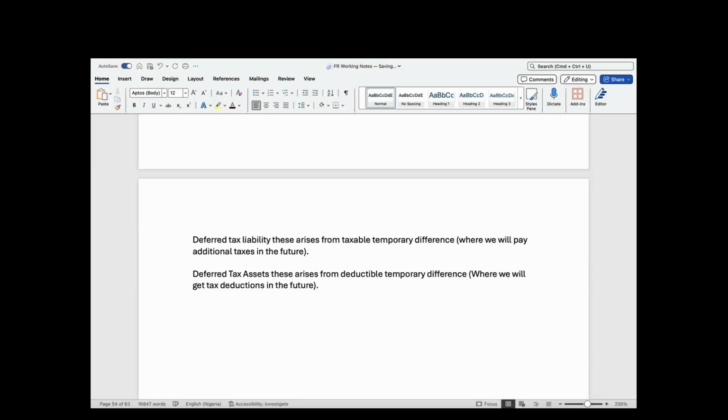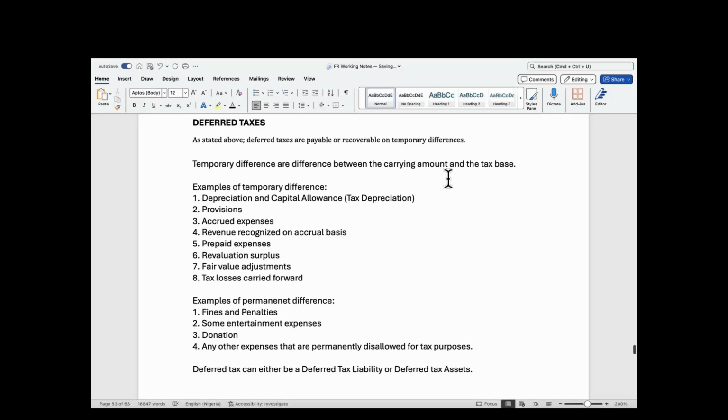Like, for example, an expense that you put in your books that the taxman says, no, I'm not going to allow this because you have not paid for it, but you have it in your books. That difference will make you have a deduction in the future, because when you eventually pay for it, you will enjoy it as a tax deduction. That is a deductible temporary difference.